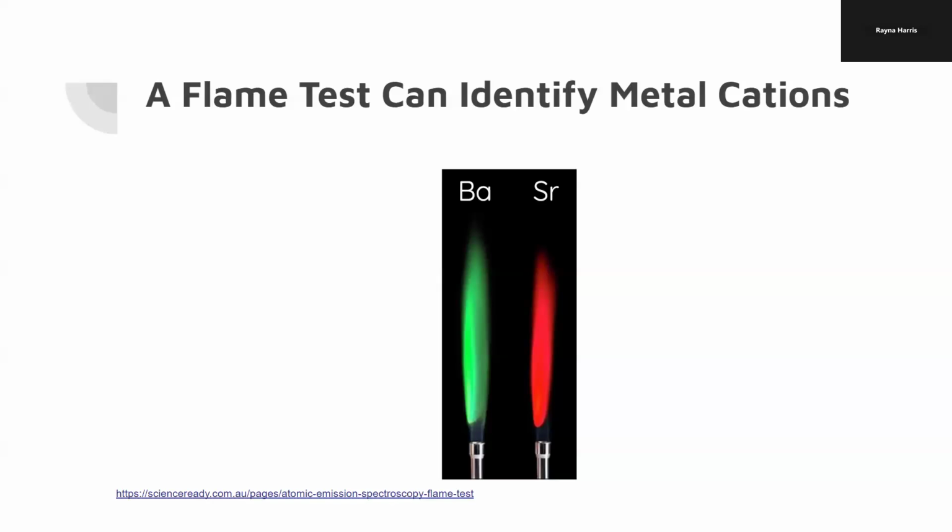Barium emits green, and Sr is strontium, which emits red. This is a known fact. People have done this before. So if I were up here and I put an unknown metal on a flame and it made it red, what would be a good guess? Awesome. So this is what we're going to be doing.